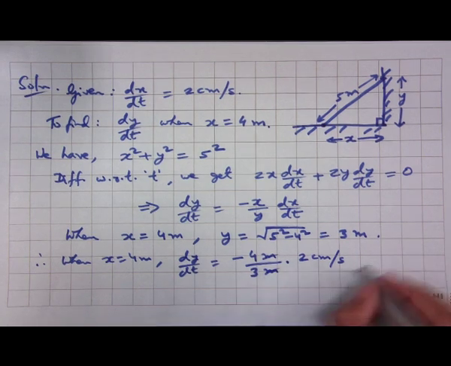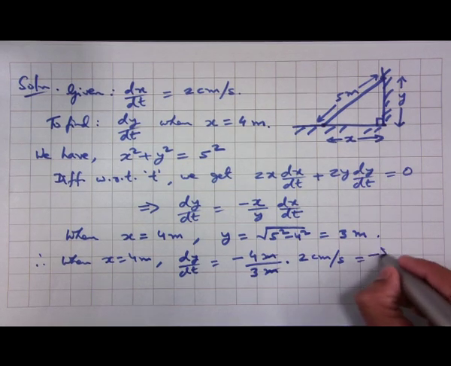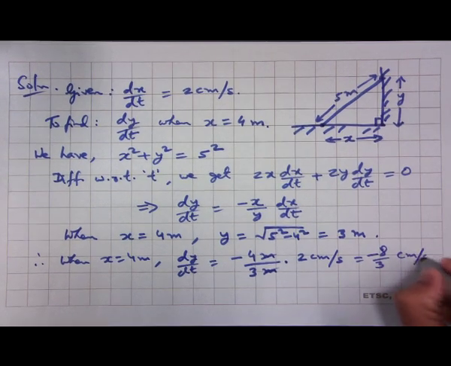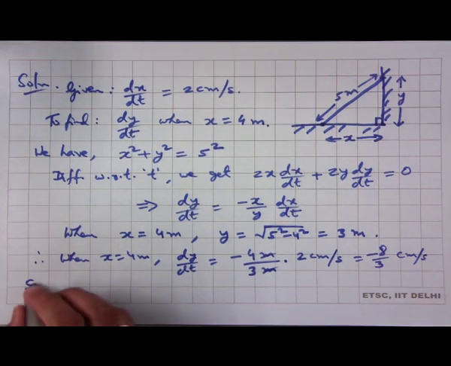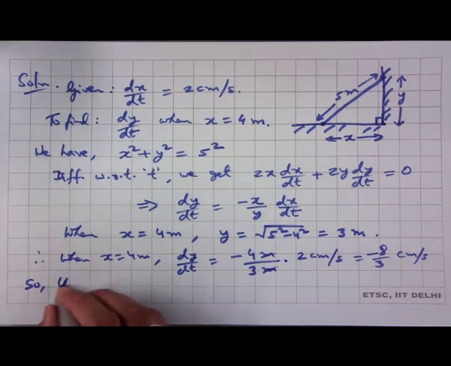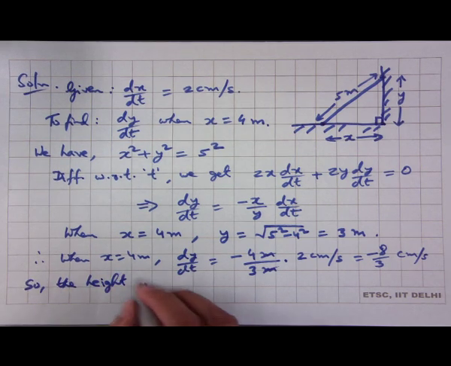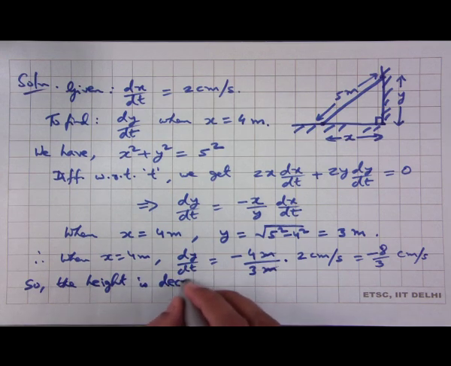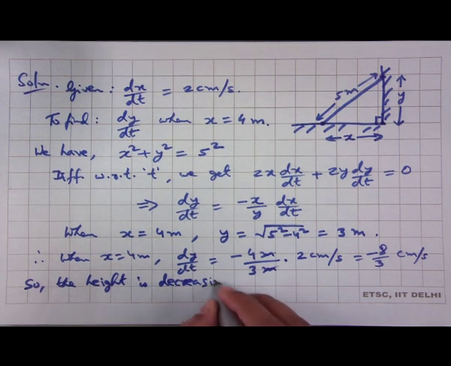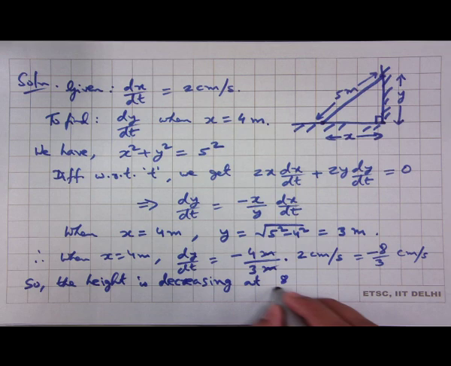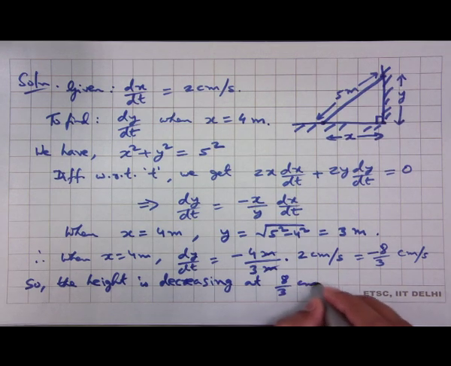So, we get this is equal to minus 8 by 3 centimeters per second. So, the height is decreasing at the rate of 8 by 3 centimeters per second.